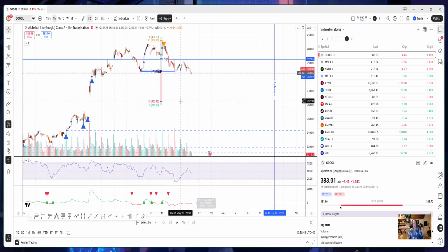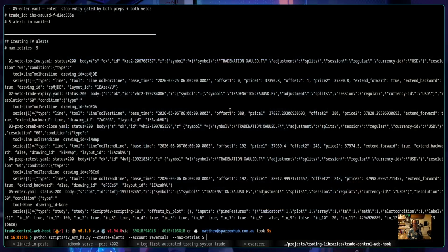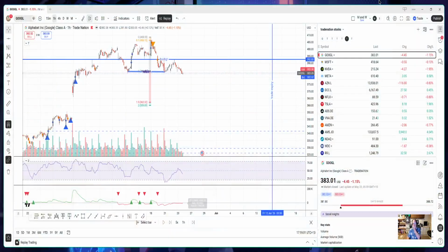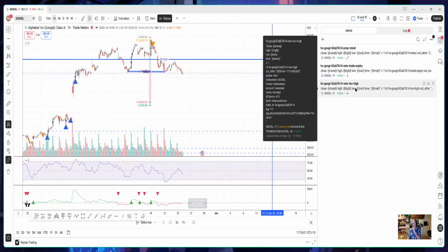So we got it. We got the break and close. We just need a retest. This looks good. So we'll just go skip. Break and close. Break and close. So that will make it, just prepare for the retest.